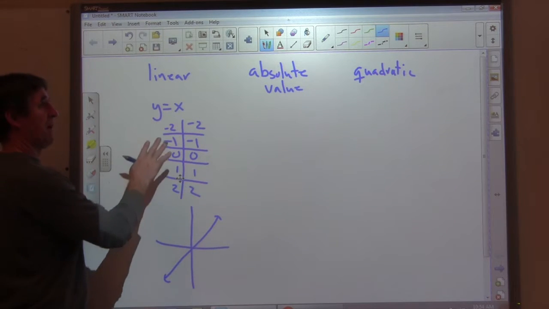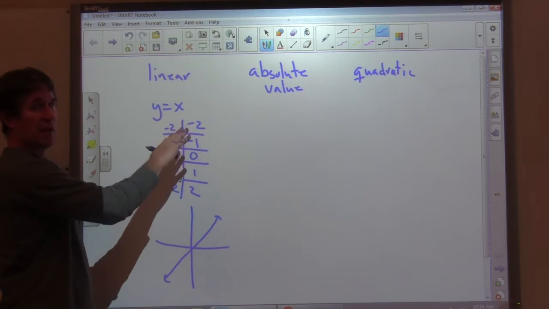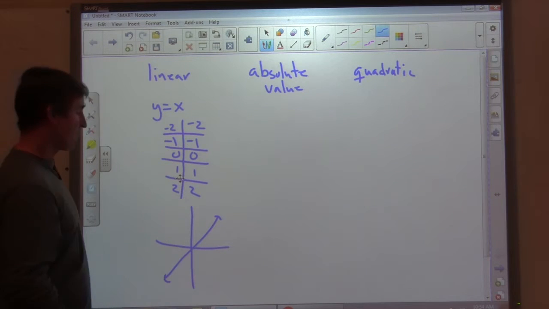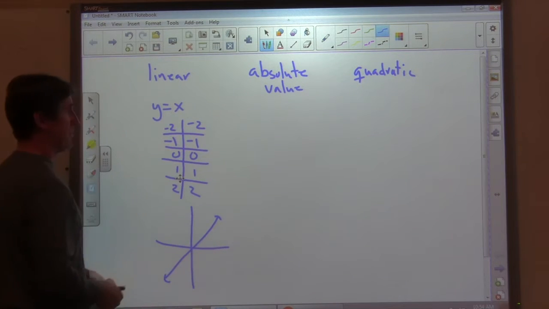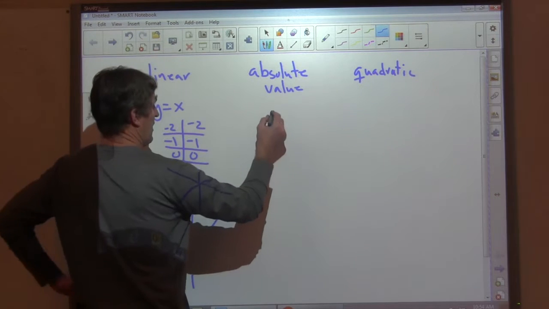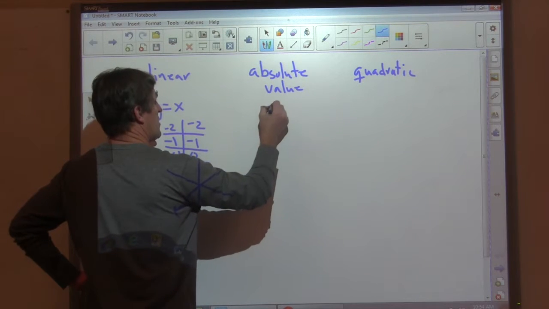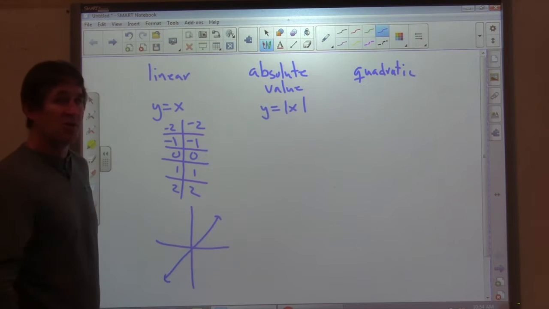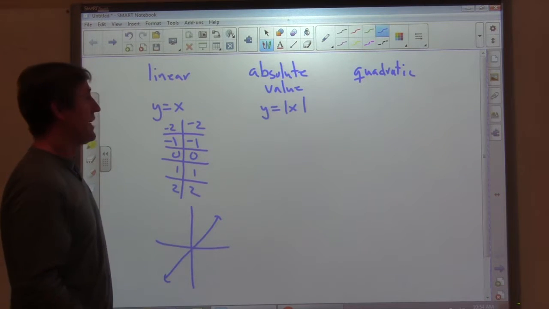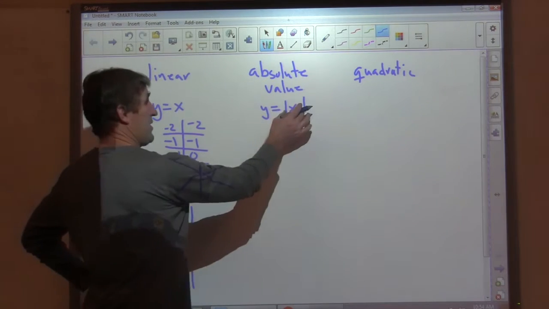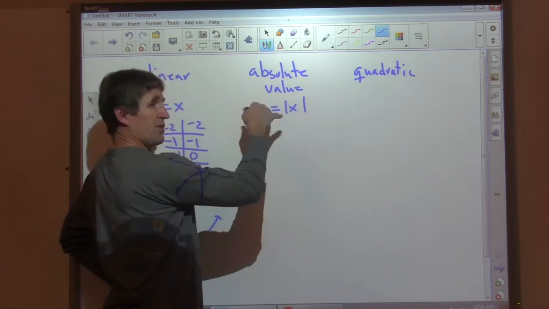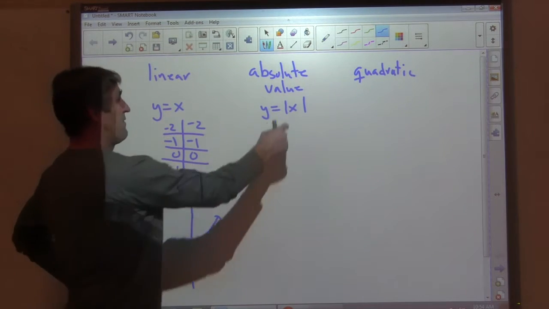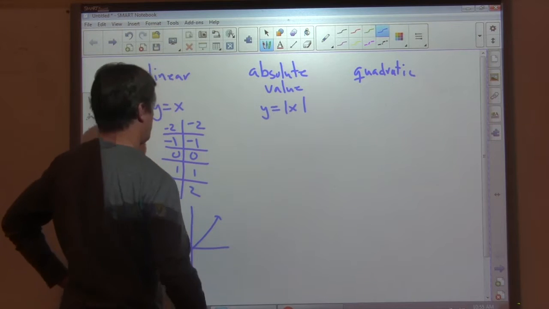Again, it's the parent because there's nothing added or subtracted to the x, it's all by itself. So that would be our simplest function. With absolute value, our simplest function is y equals the absolute value of x. Now remember, absolute value is distance from 0, so whatever comes out of here cannot be negative, but the value of what's in here is going to be positive.